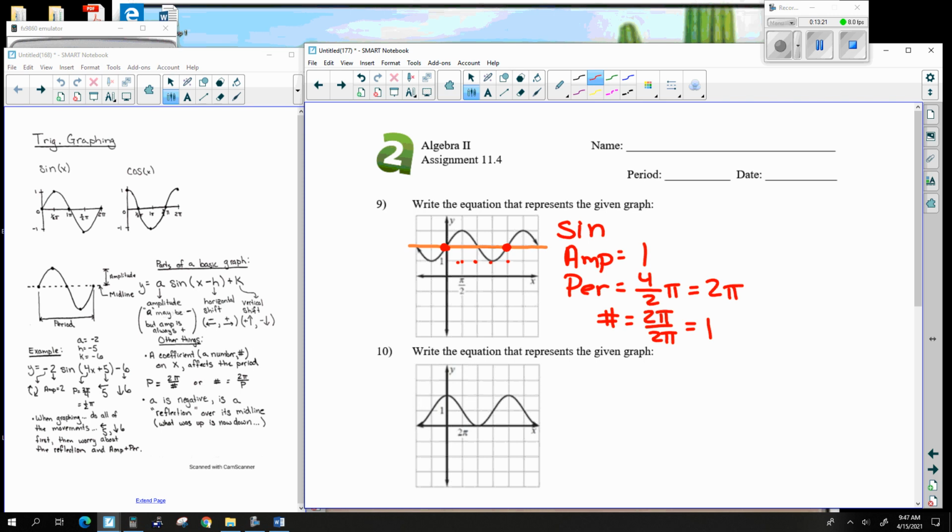Okay, other weirdo stuff going on with this. I see that it's obviously up 2. So the midline is up 2. It's not moved left to right, and it goes up and not down, so it's not flippy flopped. It is what it is. All right, so let's turn this information into an equation.